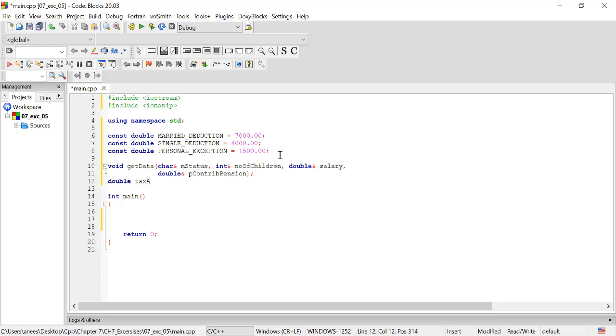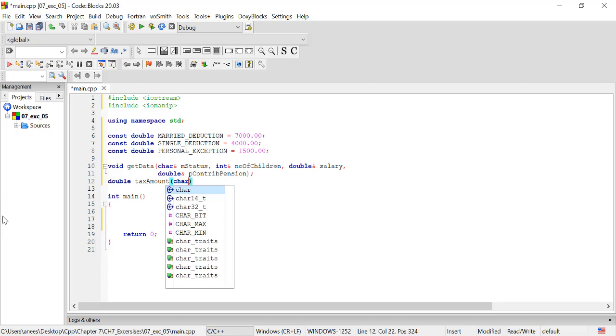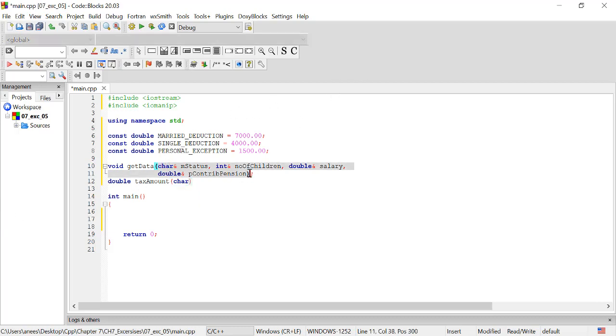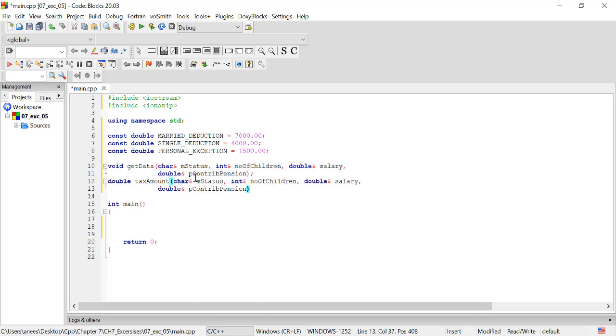And then after, you need to write in double tax amount. Now here we're going to write in char. Pretty much all we need to do is copy and paste everything that's right there, except we just need to delete all of these ands because they're not going to be reference variables.